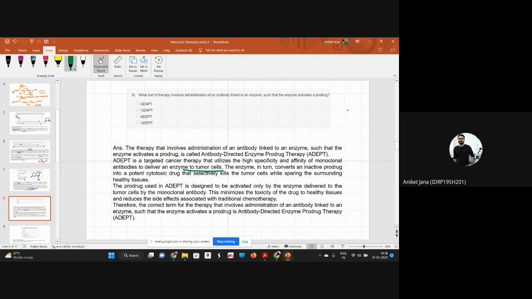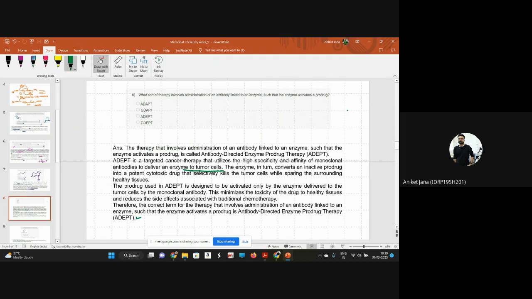The prodrug used in ADEPT is designed to be activated only by the enzyme delivered to the tumor cells by the monoclonal antibody. This minimizes the toxicity of the drug to the healthy tissues and reduces the side effects associated with traditional chemotherapy. Therefore, the correct term for the therapy that involves the administration of an antibody linked to an enzyme such that the enzyme activates a prodrug is antibody-directed enzyme prodrug therapy.